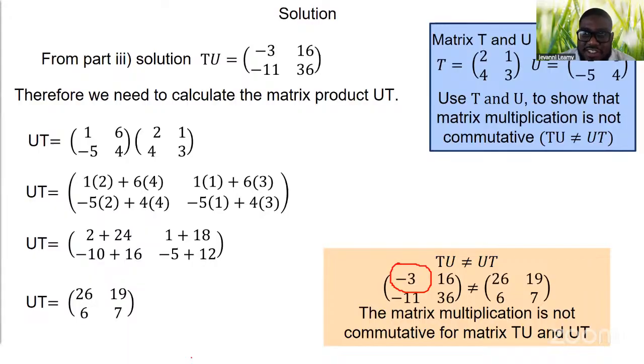No, it's 26. So is -3 equal to 26? No, it's not. You can also check it for the others, but obviously we can see that all of the elements are not the same. So 16 is equal to 19, and we know that's not true. So this is how we also check. The matrix products must have the same values.